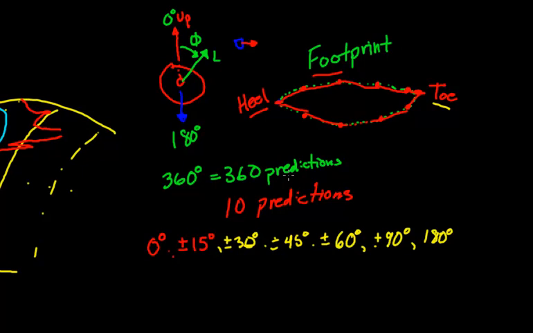That's why we don't have to put the plus or minus. And the same thing here with 0, obviously. So this set is going to be 1, 2, 3, 4, 5, 6, 7, 8, 9, 10, 11, 12. So this will be 12 predictions to do my footprint. And you can pick whatever bank angles you'd like for these, and you can use those to compute your footprint.